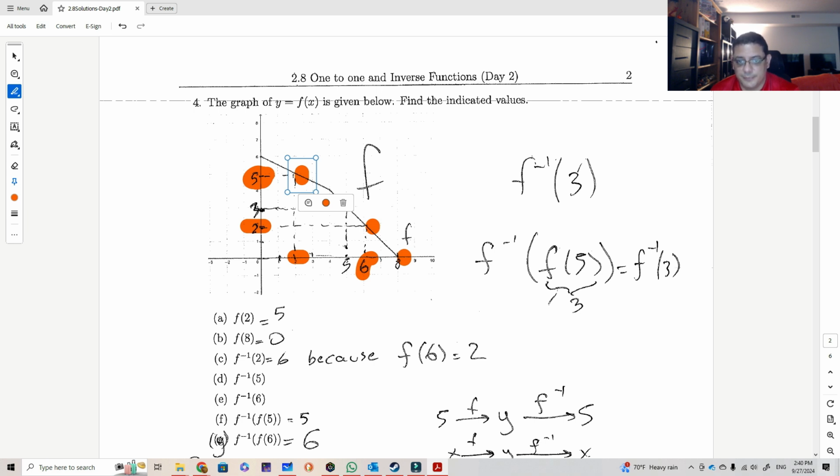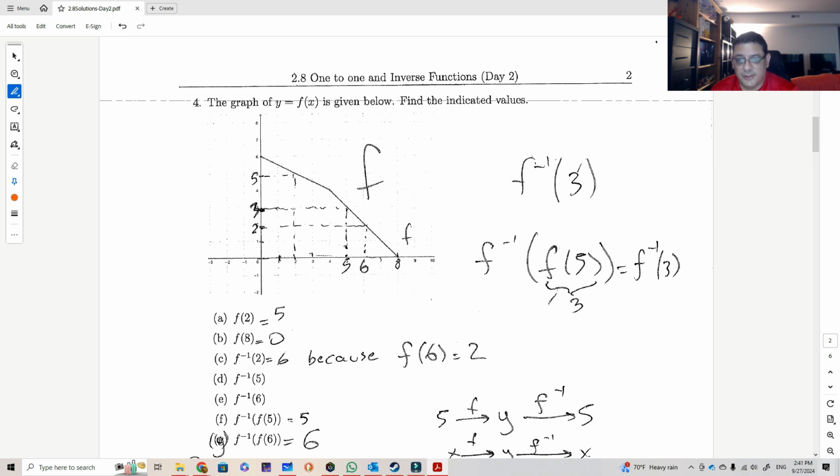Okay? All right, let me remove a little bit of the clutter here so everything can be more clear. But notice that if I take 5 on y and I go back to the function, it goes back to 2. So f minus 1 of 5 is 2.